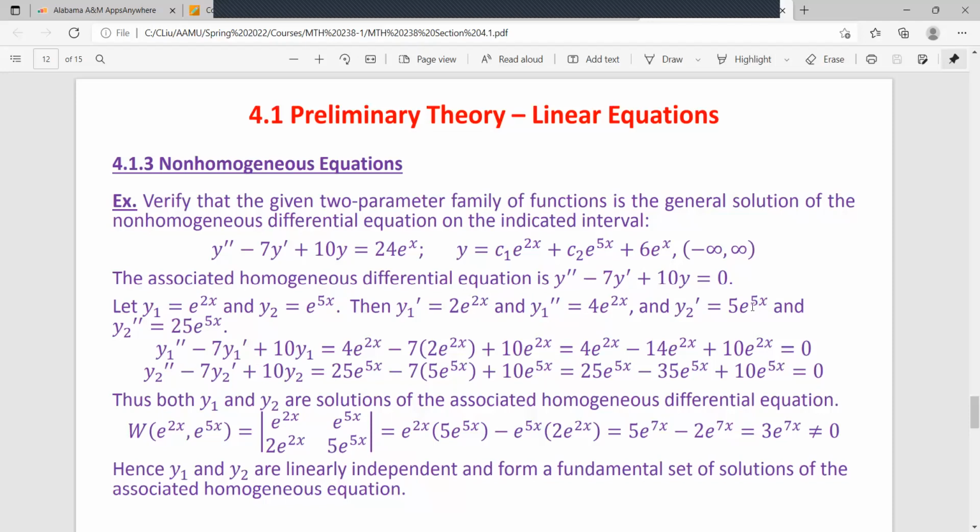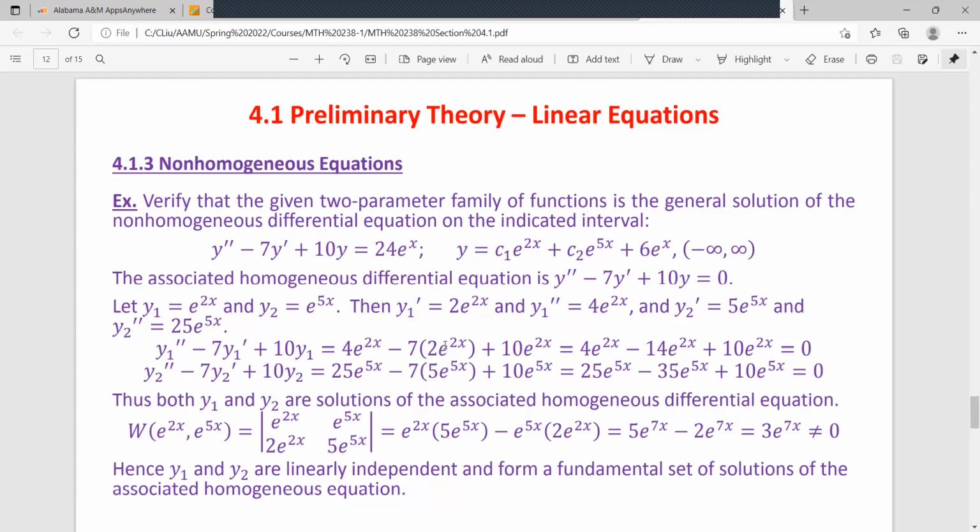Okay. So then you just plug y1 and y2 into the equation and see if they satisfy the homogeneous equation. Plug in everything, y1 double prime, y1 prime and y1, as we already obtained those derivatives. y1 double prime is 4e to the 2x, y1 prime is 2e to the 2x, and y1 is e to the 2x.